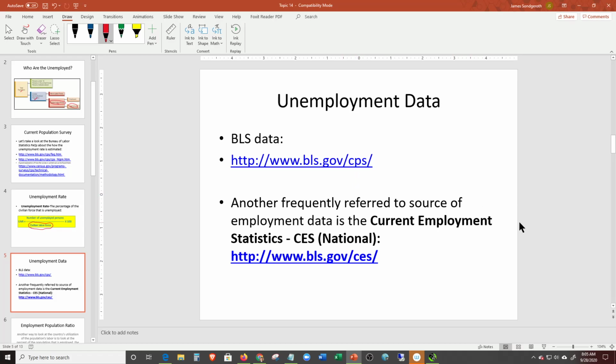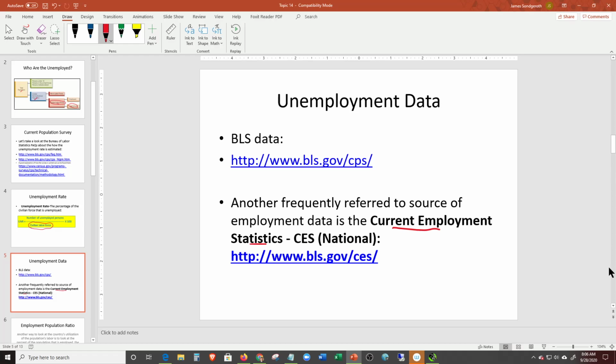Another frequently referred to source of employment data is the current employment statistics. And this is a survey of employers about how many people are working for them, how many full-time, how many part-time, how much overtime, whether they have any job vacancies.